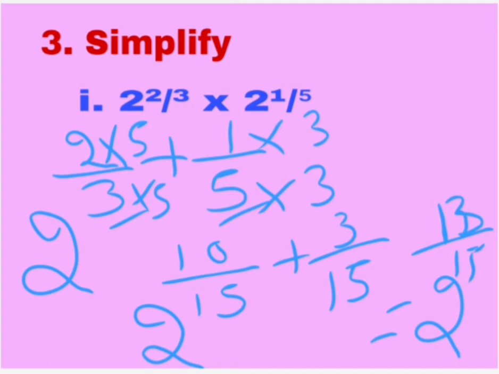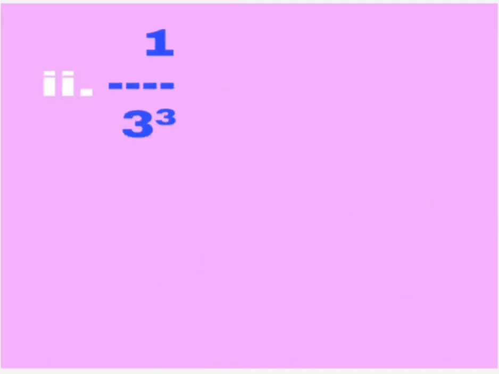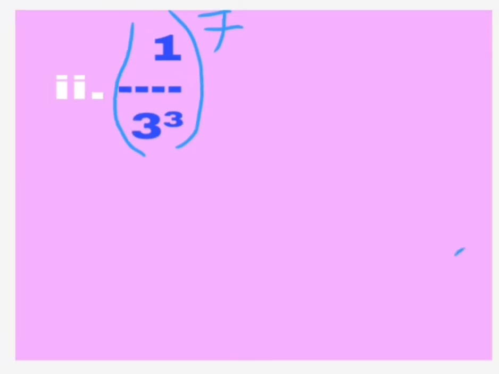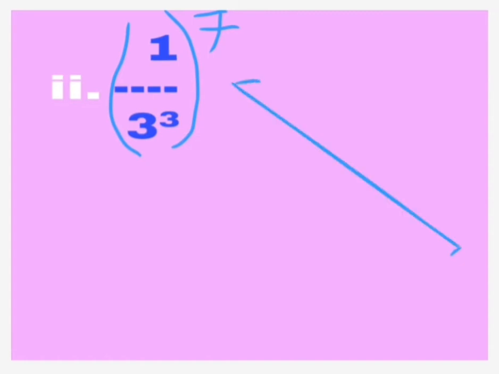Let's move on to the next sub question. The next sub question is 1 by 3 cube whole to the power 7. So that is our second sub question. Here also we have to apply the laws of exponent. If you have the same power to both numerator and denominator, that power goes to both numerator and denominator.